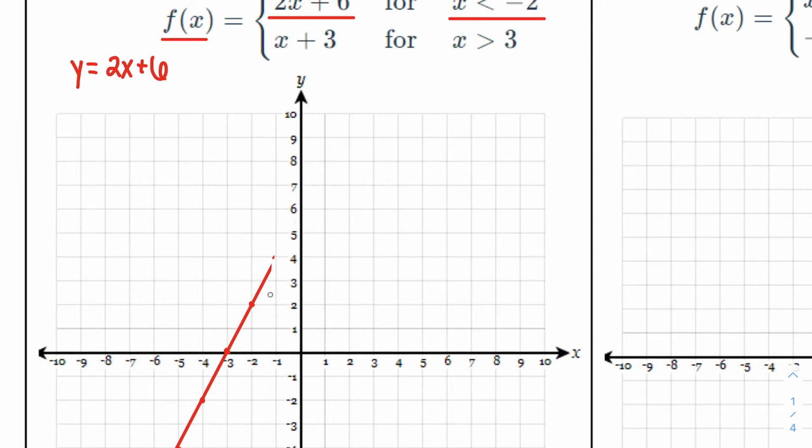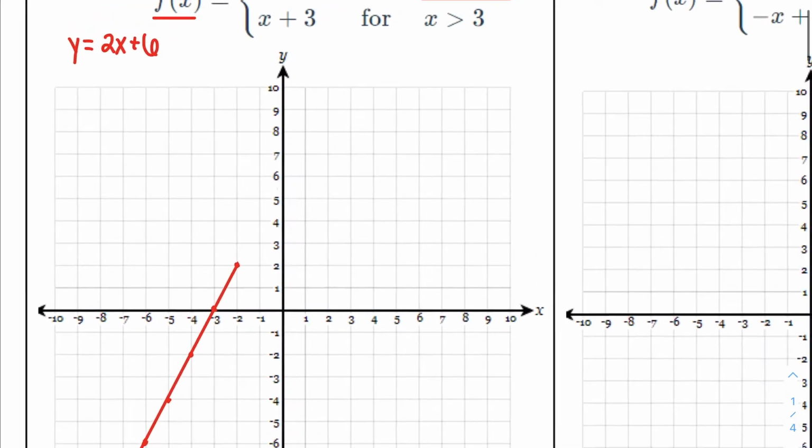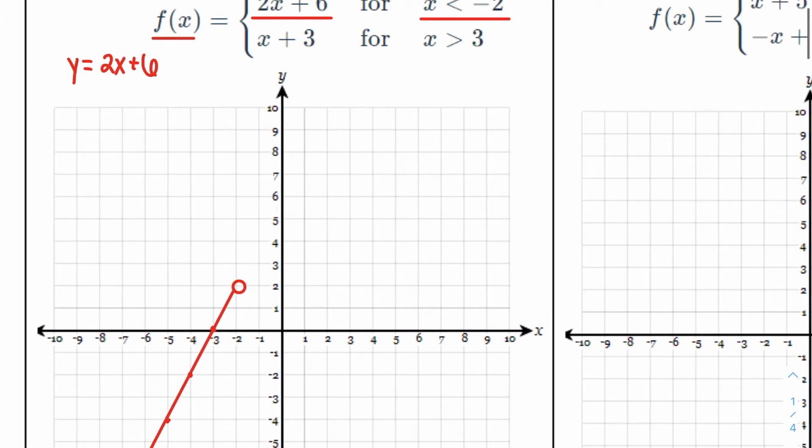So what I'm doing here is erasing, obviously, up until negative 2. Now, at negative 2, the question is, is this going to be an open or closed circle? Since it is just less than and not equal to, that means this has to be an open circle at negative 2. So that's what that piece of the graph looks like.